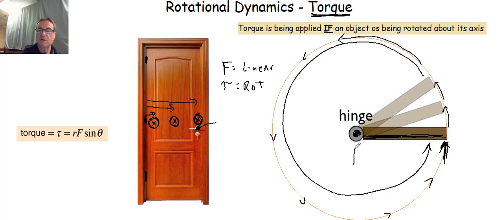This center of rotation is something I call a pivot point, and sometimes it's called a fulcrum, especially when we're talking about something like a seesaw. But I call this a pivot point, and it is the center of rotation for the object that is going around in a circular path.